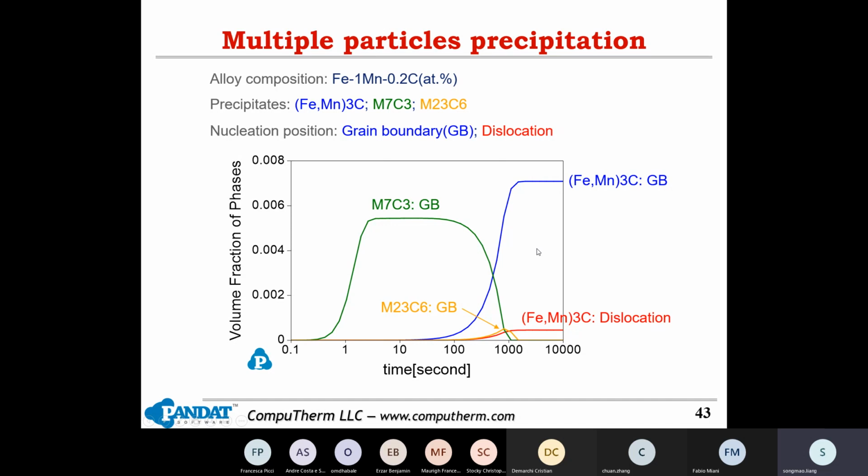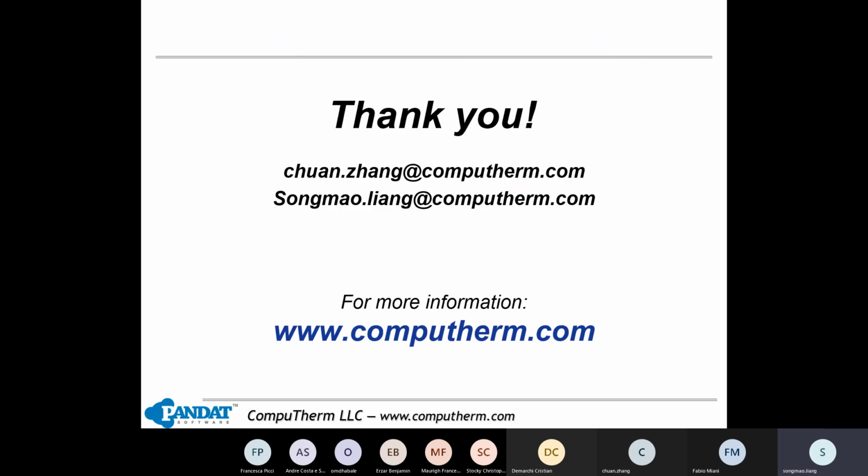In this case, I just want to show you that we can also simulate precipitates at different places, with different nucleation mechanisms and multiple particle precipitations. So yeah, these three examples are essentially what I want to present today.